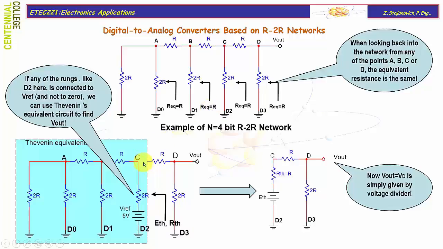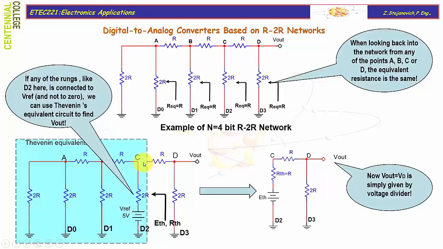Say that the rung D2 is connected to the reference voltage Vref. Then the whole linear network at point C in the rectangular area can be substituted by only one source, ETH, representing the voltage between point C and common, of course with the right-hand portion of the circuit disconnected.